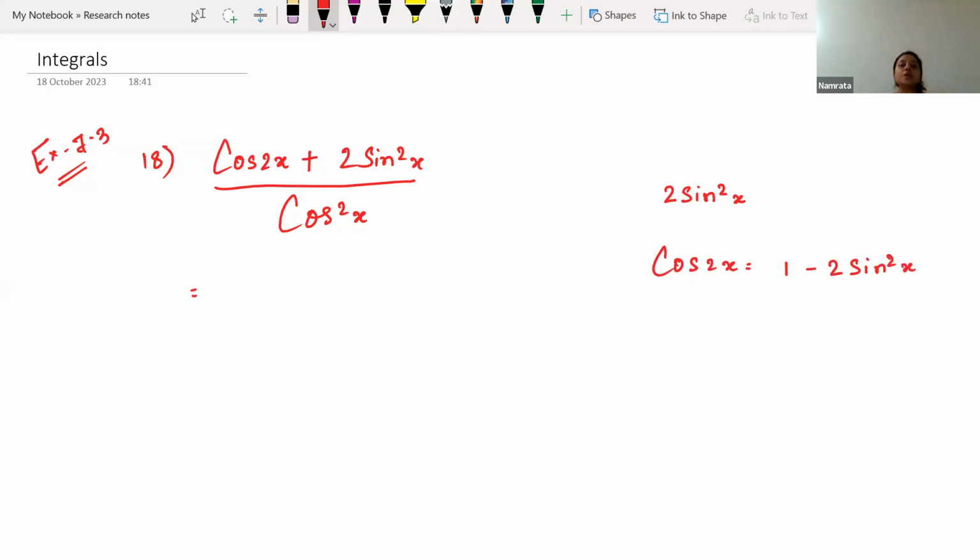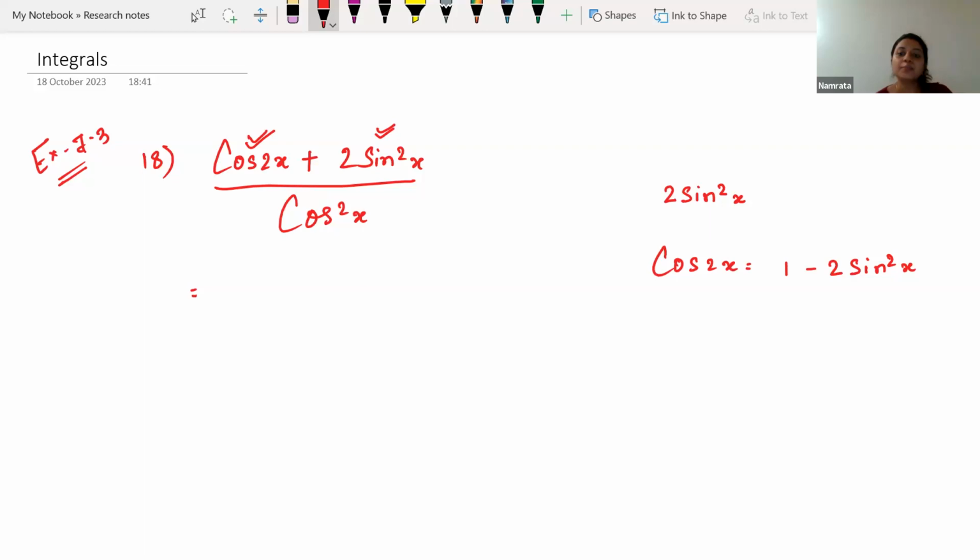Do you know this formula, that cos 2x is equals to 1 minus 2 sin square x? So either we can convert this cos 2x in terms of 2 sin square x, or we can convert this 2 sin square x in terms of cos 2x. Whatever suits you, whatever feels comfortable to you, you can take that.